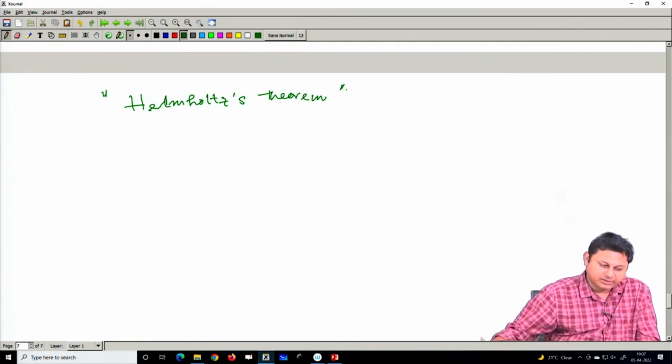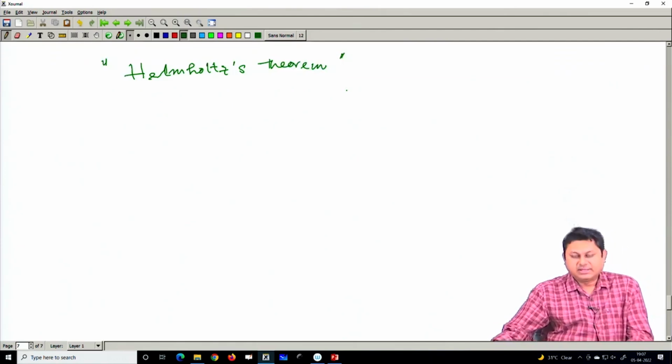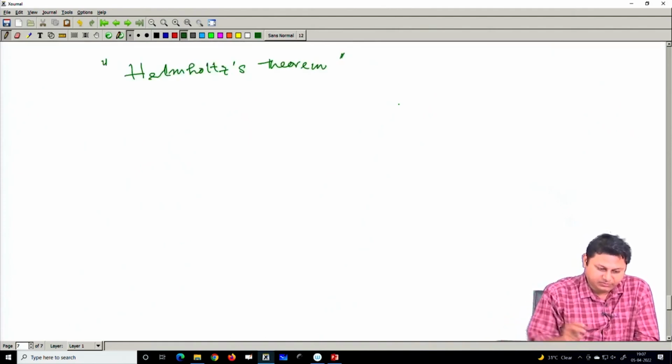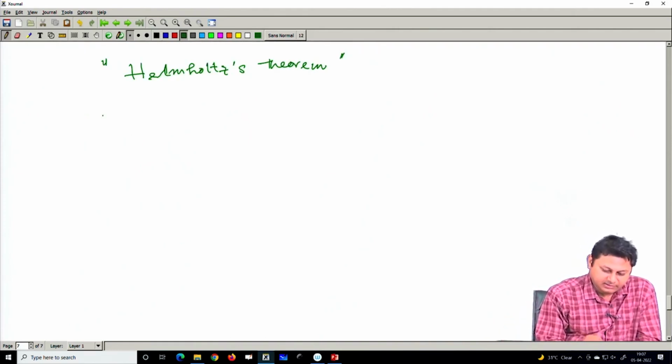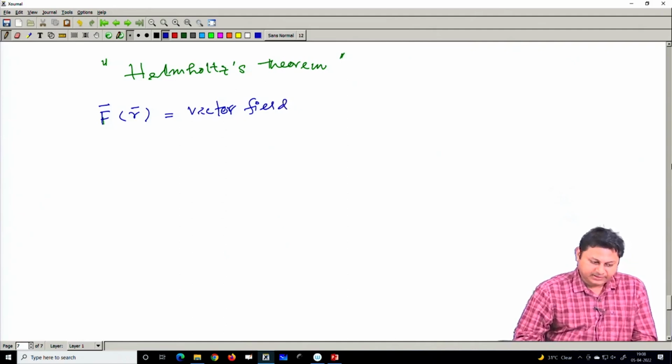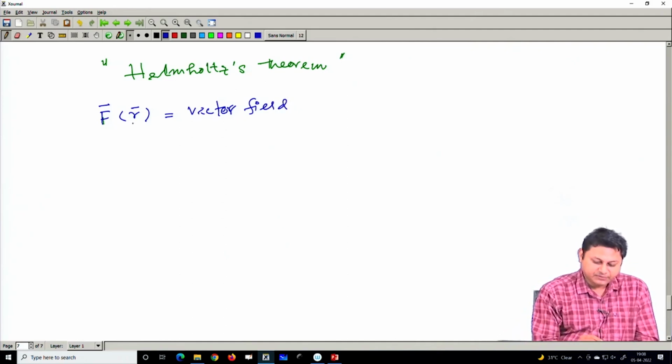So, Helmholtz's theorem. Before going to the detailing of Helmholtz's theorem, let us write this. Let us consider if R is a vector field which is a function of position.